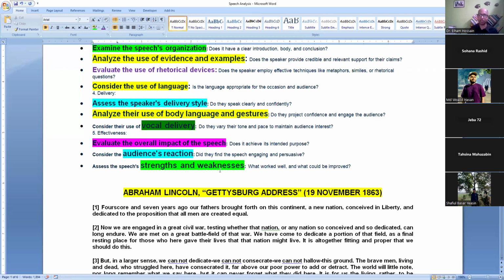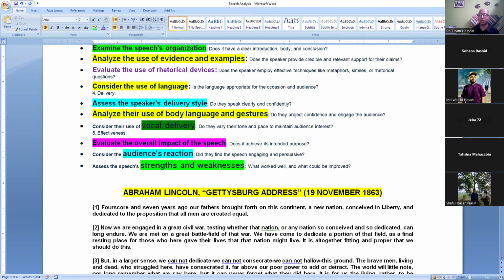These are the weaknesses. If a speech cannot draw the attention of the audience sufficiently, that is a weakness. If a speech cannot give its message appropriate to its audience, that is a weakness. Or if a speech is not synchronized in terms of its language in relation to the audience, that is a weakness.